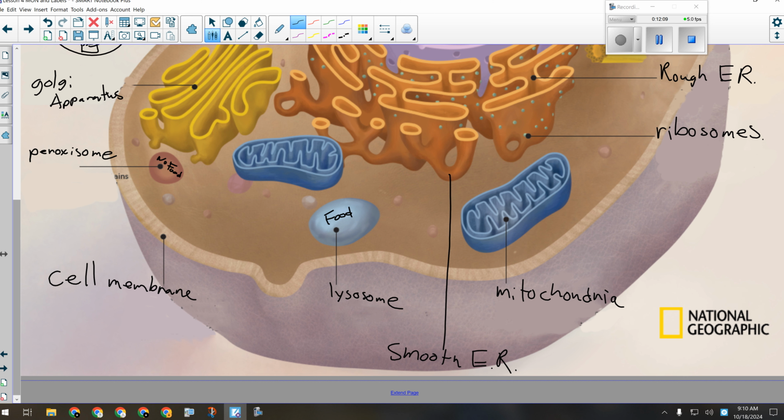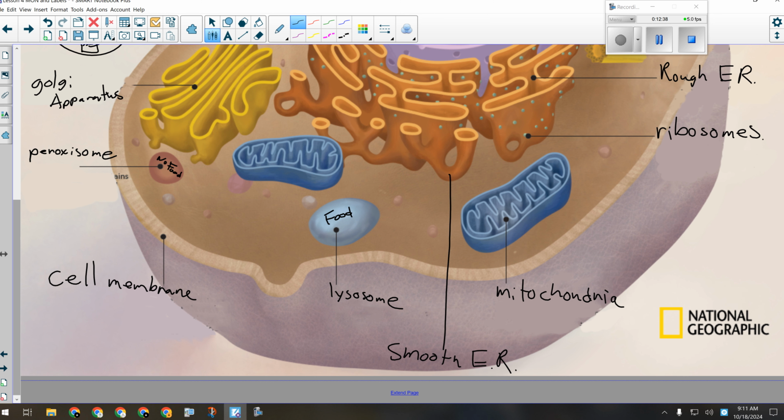It can also make lipids, a hugely important function. Every membrane in your cell, the cell membrane and the membrane of every organelle, is made of the same stuff: fat. The smooth ER makes fats, makes lipids. Lipids are responsible for repairing membranes.